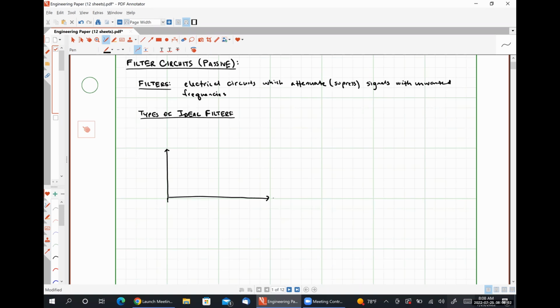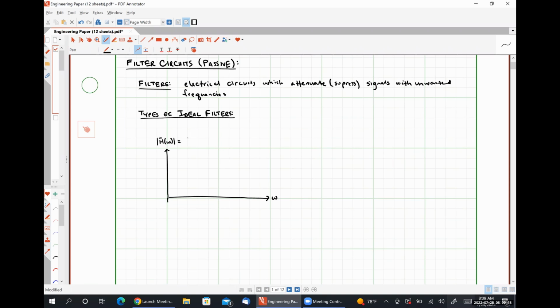Our x-axis will be angular frequency, and our y-axis will be H as a function of omega. And I'm going to express this as the magnitude of a complex number because that's what we'll actually be dealing with.